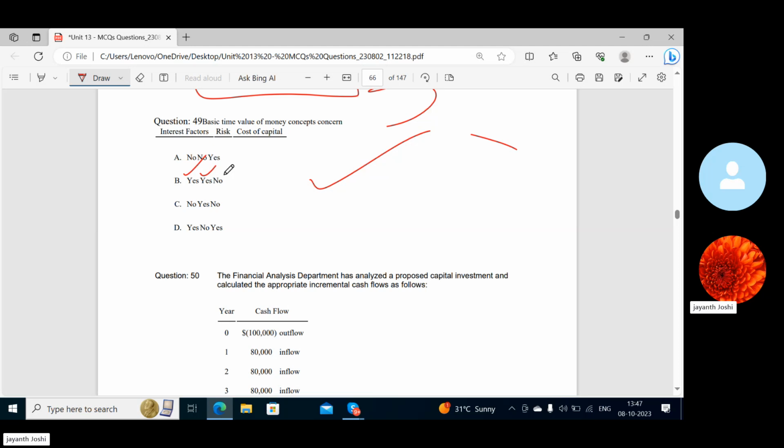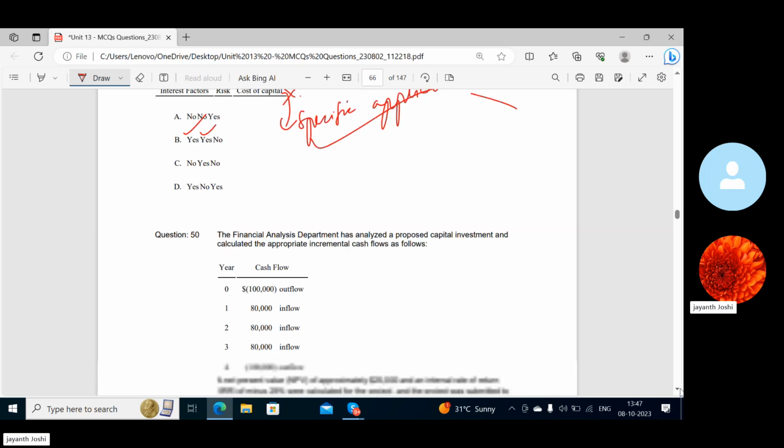But do you think cost of capital is there? For basic TVM, it is not required. For specific, it is required. Cost of capital is required for specific calculation applications, not for basic.